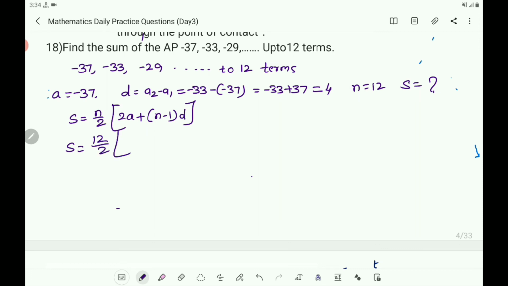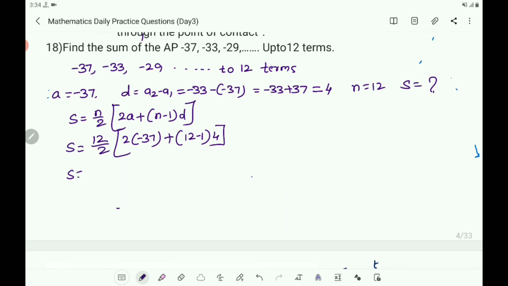S equals 12 by 2 into A, where A is minus 37, plus N minus 1, that is 12 minus 1, into D. D is 4, so in the place of D you write 4.